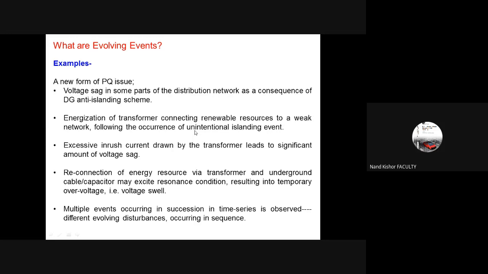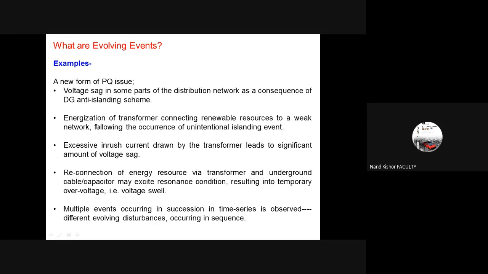And in some part of the interconnected network, you also have an energization of a transformer. If these two different events take place one after another, this could be an example of what we call evolving events.